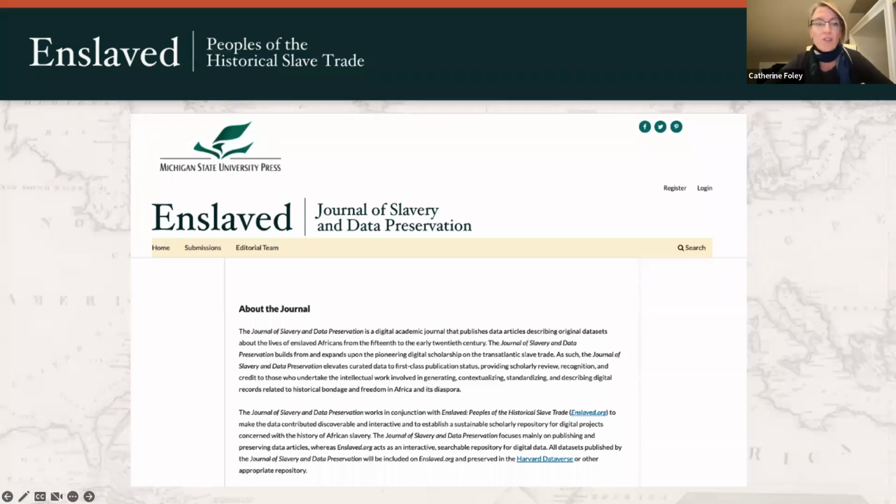And this collaboration with the press was huge for the project and for the Journal of Slavery and Data Preservation, because prior to using OJS, we had been managing all submission, review, and publication activities in a series of different applications, including GitLab and Google Forms and Google Mail, and then local email accounts.